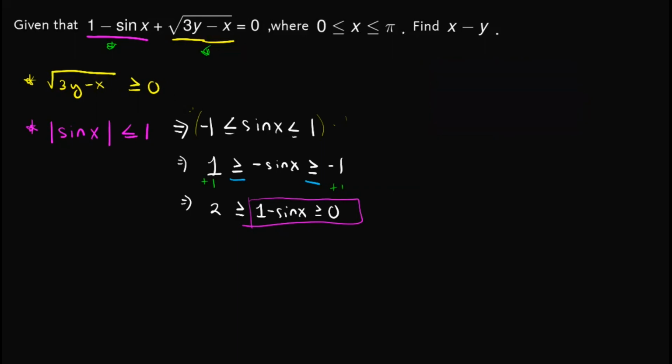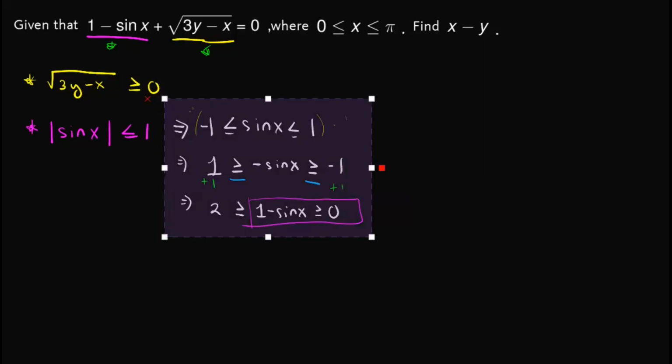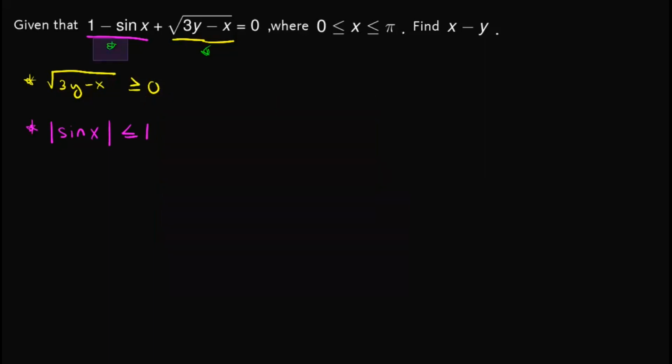Which means that our only possible case is that the square root of 3y minus x is equal to 0 and 1 minus sine x is equal to 0.